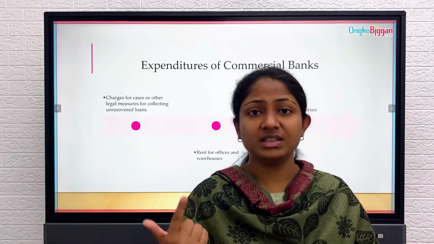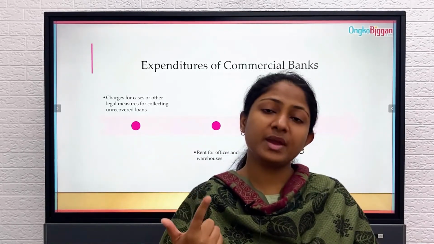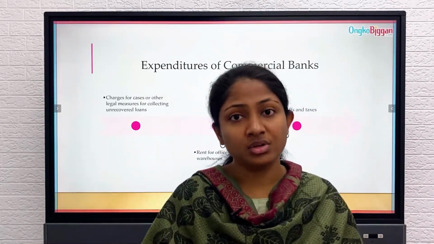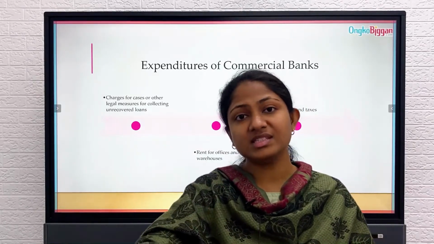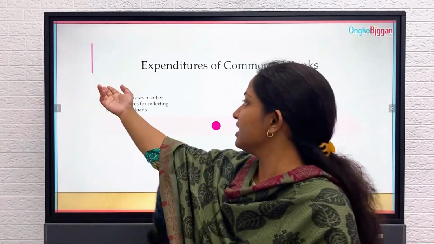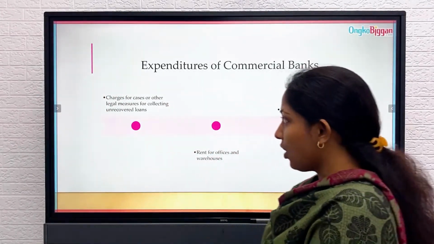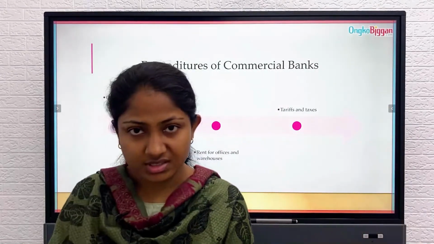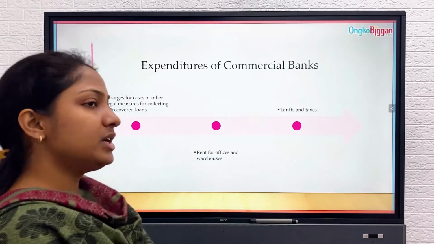So you have taken the help of the bank. Here the bank has helped you to collect the unrecovered loan and give it back to you. Since the bank has given these services to you, definitely they will charge fees. That is why it is called charges for cases or other legal measures for collecting unrecovered loans.